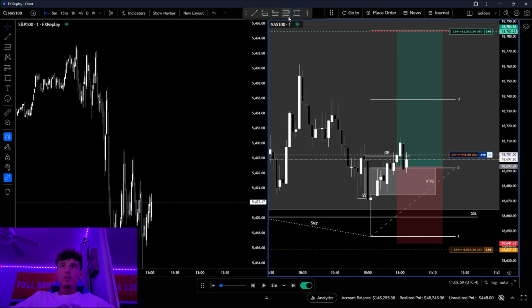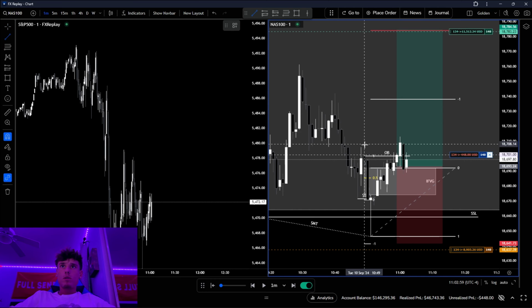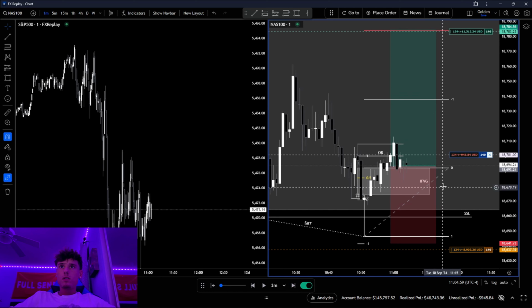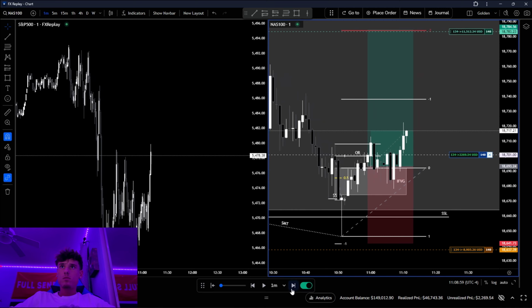So we could have actually even got a better entry, not gonna lie. We could have actually entered right here. And we also have a market maker shift right here. There we go. If we would have actually been patient, we could have entered right here. And we can see this go up.